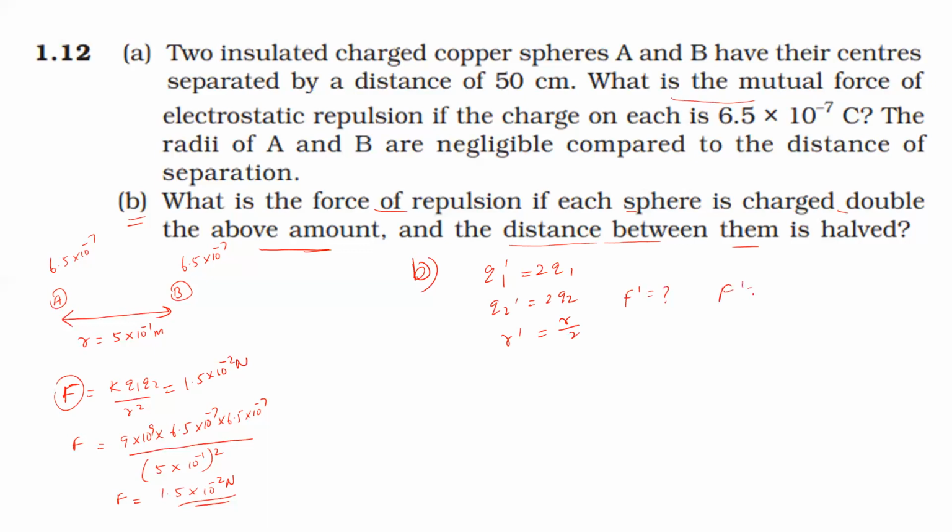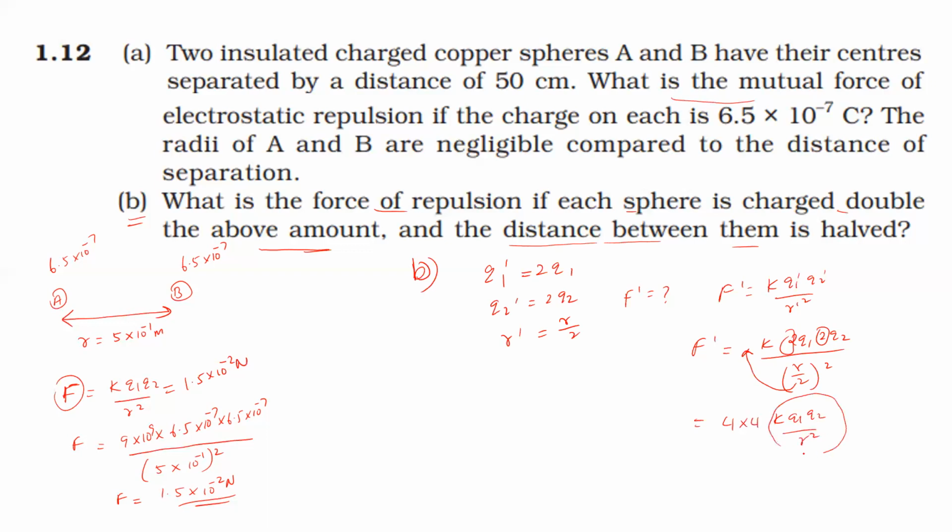New force is equal to K into Q1 dash into Q2 dash divided by R dash square. F dash is equal to K into 2Q1 into 2Q2 divided by R by 2 whole square. Now this 2 square is 4, 1 by 4 goes up. So that is 4 into K into, 2 into 2 is 4, Q1 Q2 by R square.